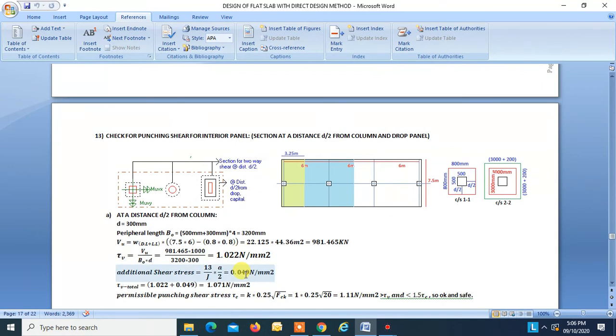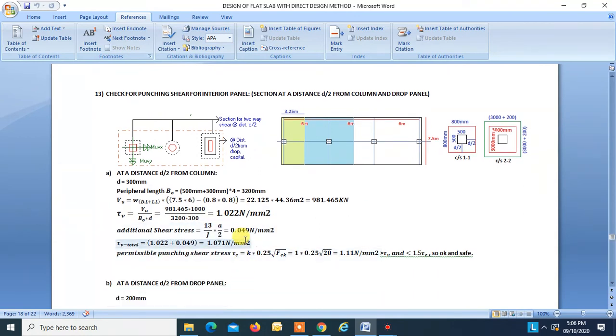Now coming to the check for punching shear stress. Again, over here, we will take two sections. First, we are taking the interior panel. One at a distance d by 2 from the column, and another at a distance d by 2 from the drop.